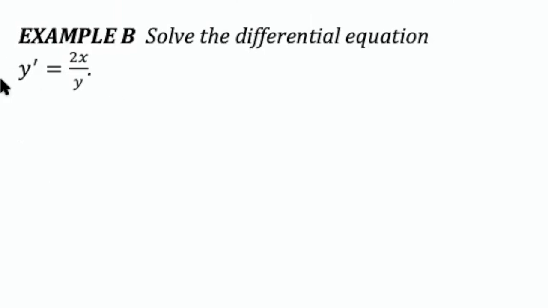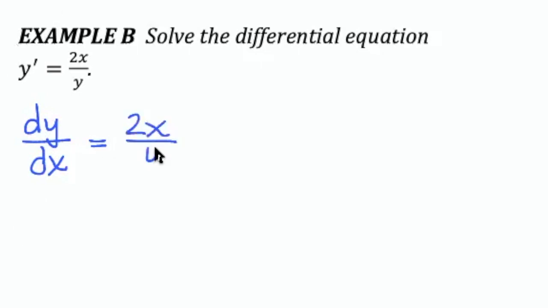And Newton's notation was the prime, I believe. Leibniz used this dy/dx. Well, for separation of variables, it is helpful to use the dy/dx notation. So the first thing I'm going to do here is get rid of my prime notation, keep everything else the same.